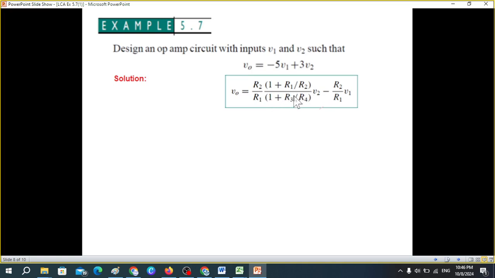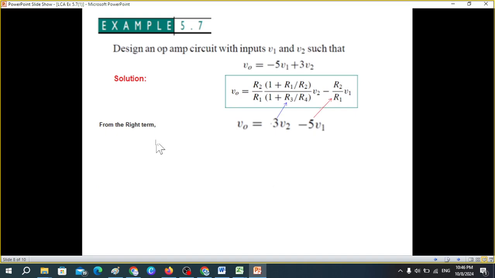Anyway, now here we have V2 first, V1 later, but in this case V1 first and V2 later. So we'll just transpose these. So we get 3V2 minus 5V1, and now we can see these two are same values, and similarly these two should be same.